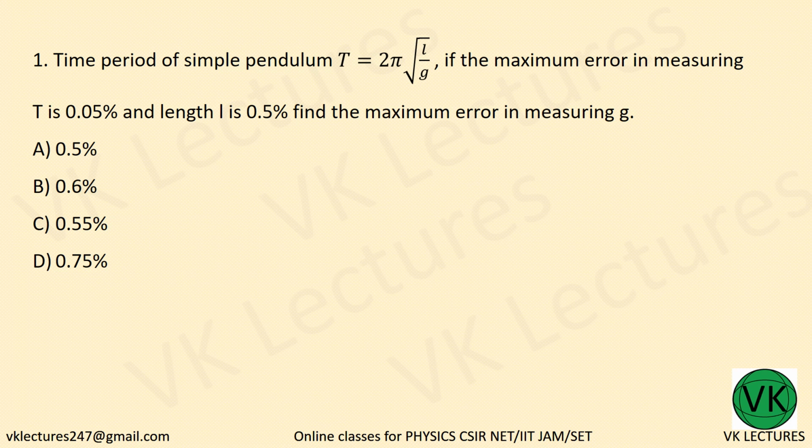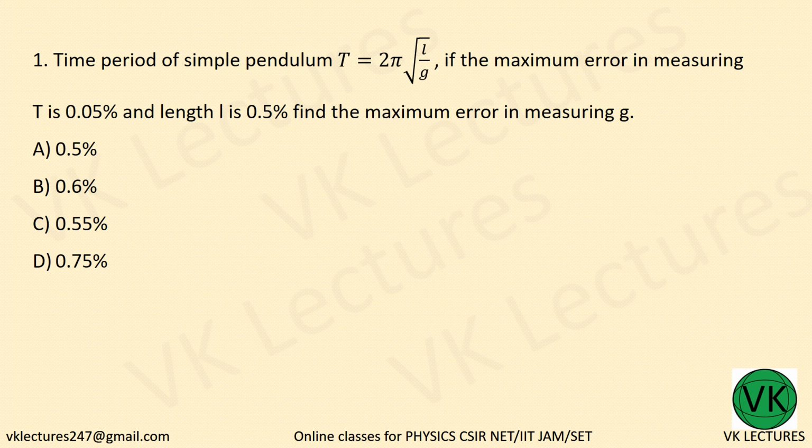Now here you have a question. Time period of a simple pendulum is given by T equal to 2 pi under root L by g. If the maximum error in measuring the time period T is 0.5% and length L is 0.5, the other is 0.05, find the maximum error in measuring g.